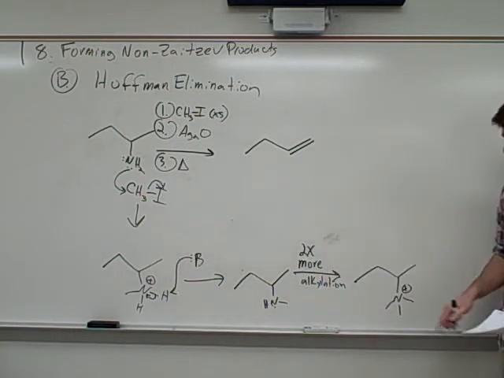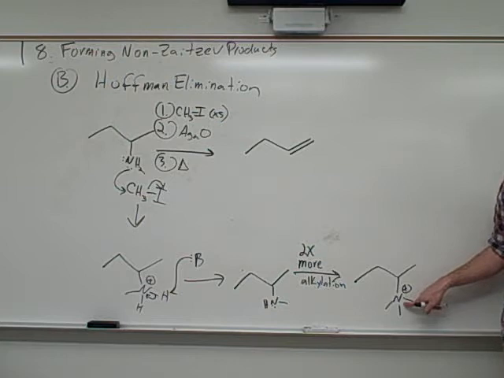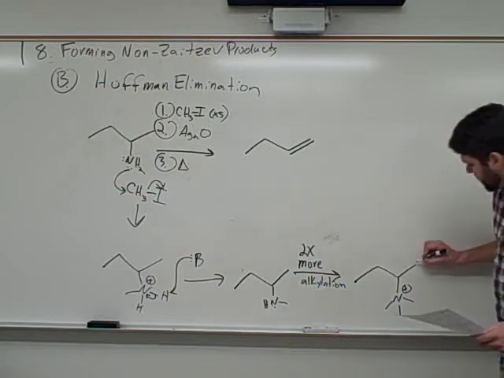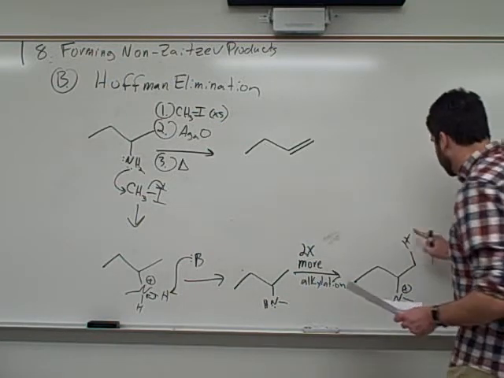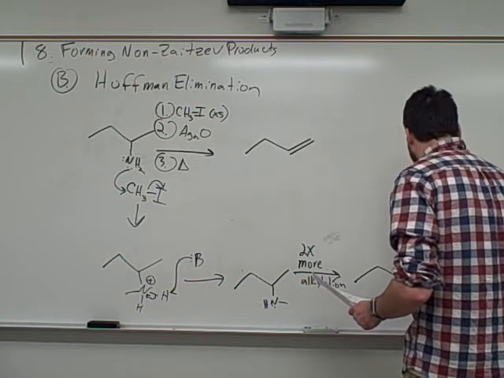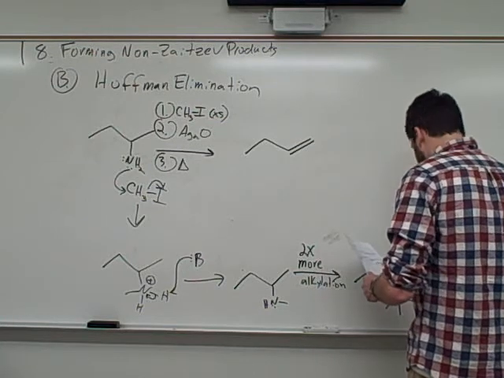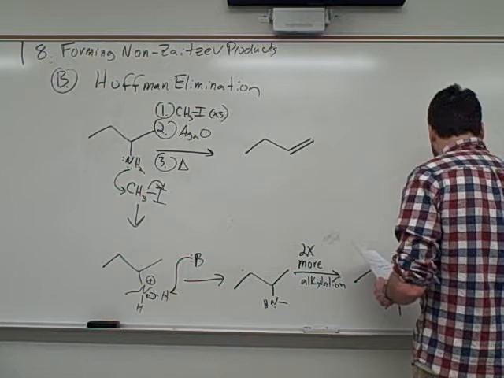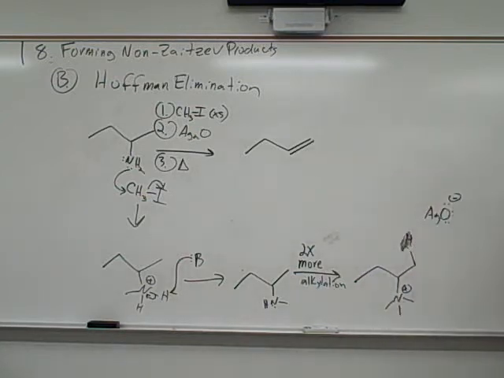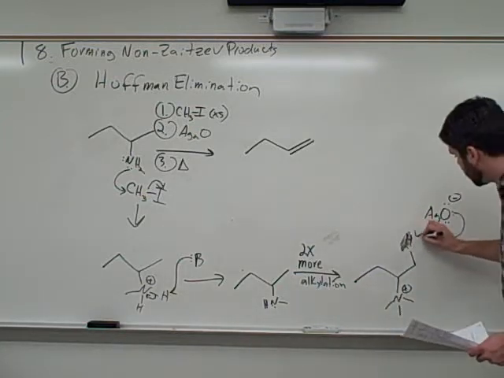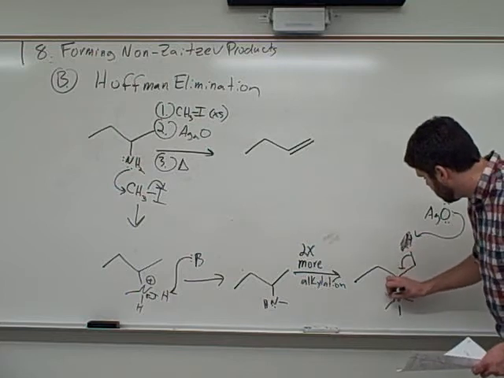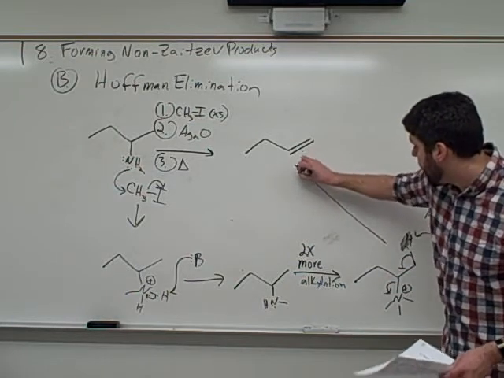Okay. At this point, our nitrogen is actually a fairly decent leaving group. So what winds up happening is that silver oxide here is able to come through, pull off a proton, and give us Hofmann's product.